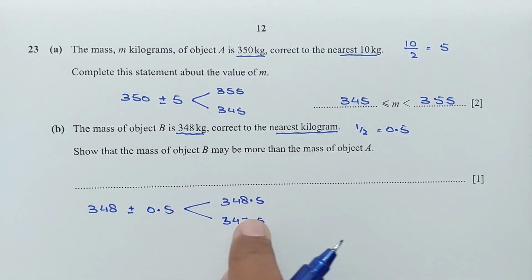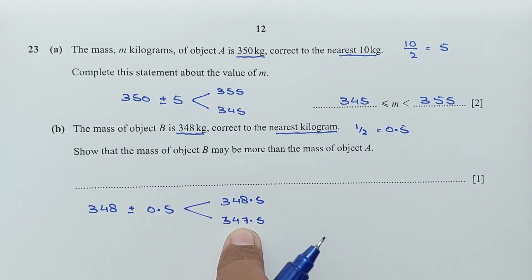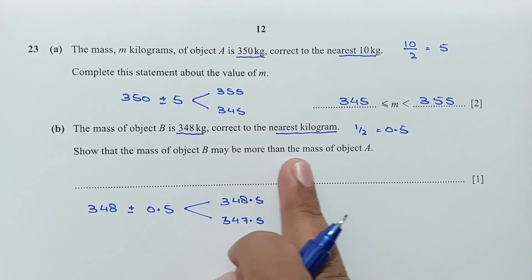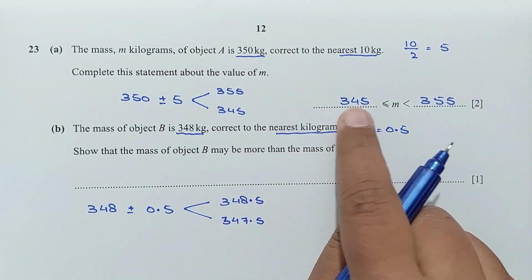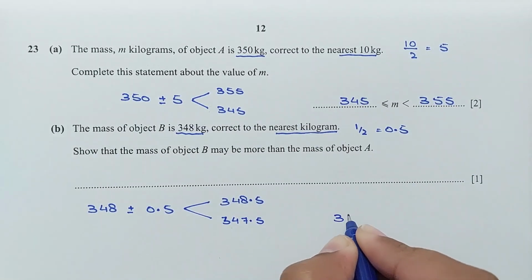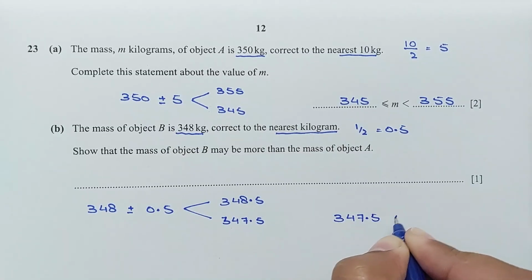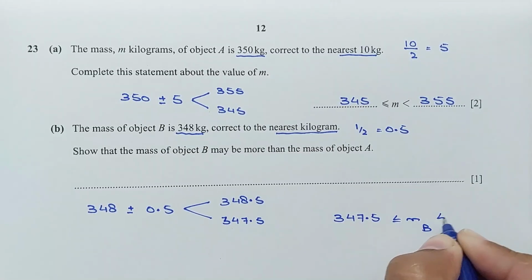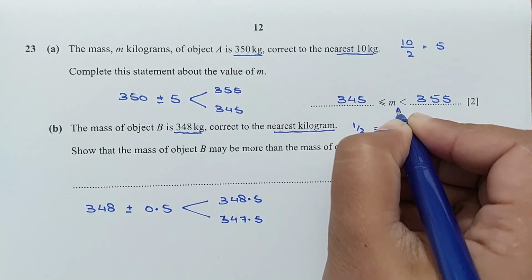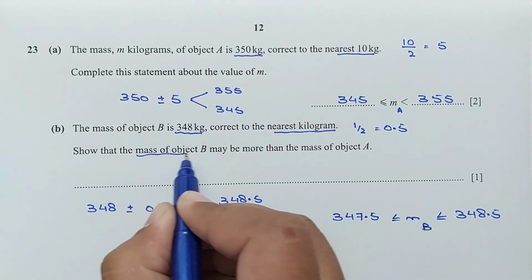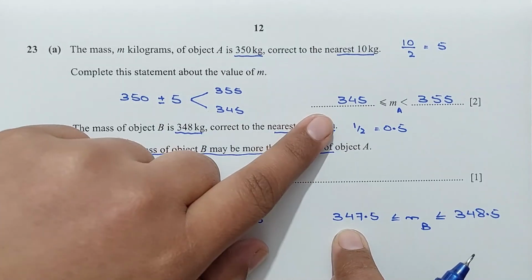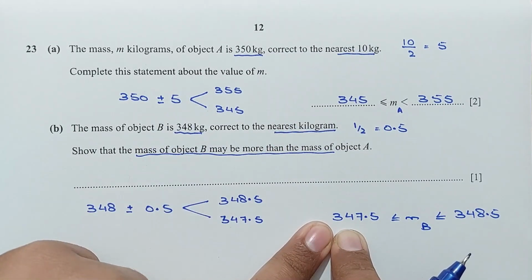Okay, so 348.5 and 347.5. Show that the mass of object B may be more than the mass of object A. So this is the mass of object A and this is the mass of object B. So B lies between 347.5 is less than or equal to mass of B is less than or equal to 348.5. This is for A, right? Okay, so the mass of object B may be more than the mass of object A. So it means 345 here and 347 over here, right?